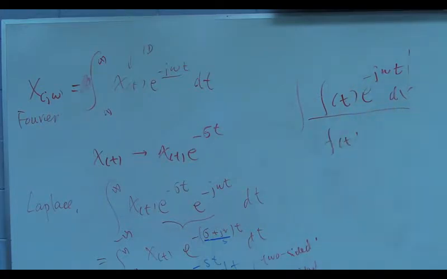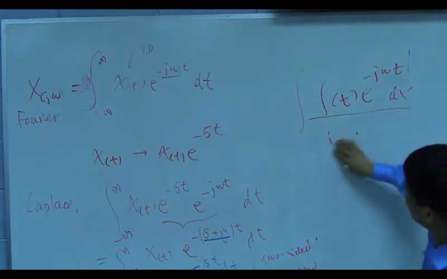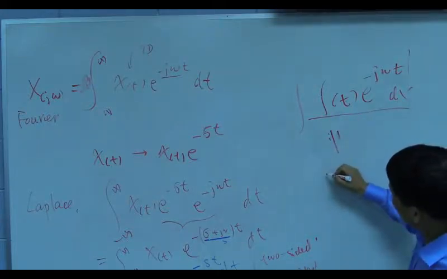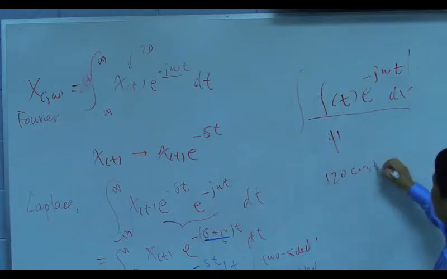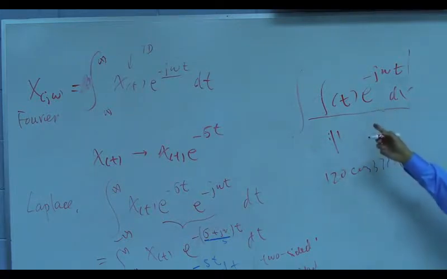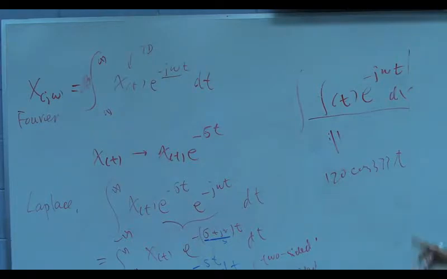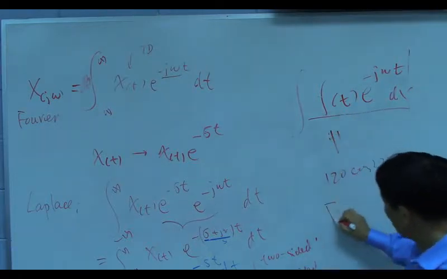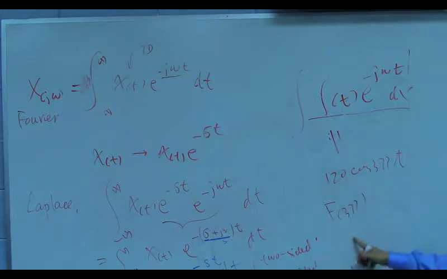As in this example, if you say f(t) equals 120 cosine 377t, that is an engineering signal here, right? Then what we can get from this Fourier transform, you don't need to evaluate because we know the physical meaning for this. This will give us F(377). That means the frequency component when the frequency equals 60 Hertz.